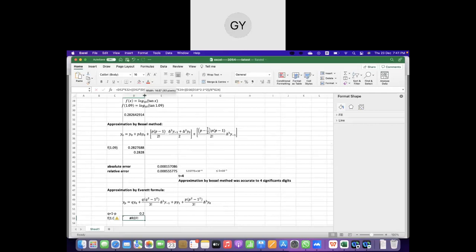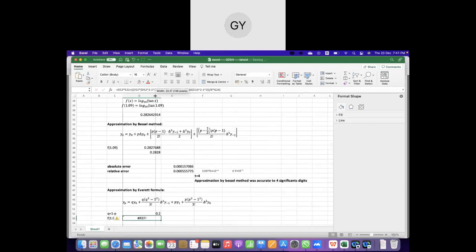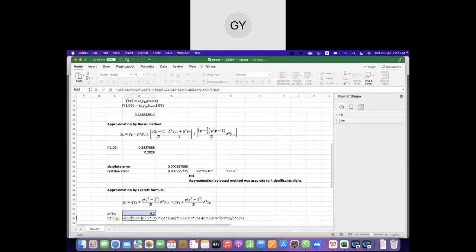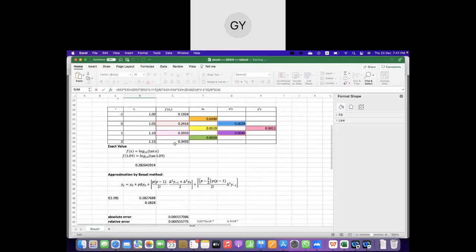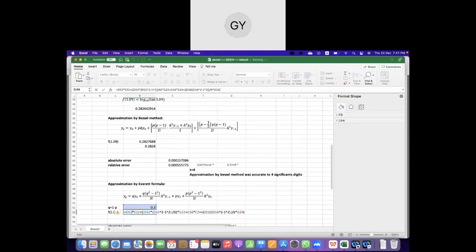Wait. Something is wrong. 0.24 q times y0, yes, plus q times (q squared minus q) bracket.